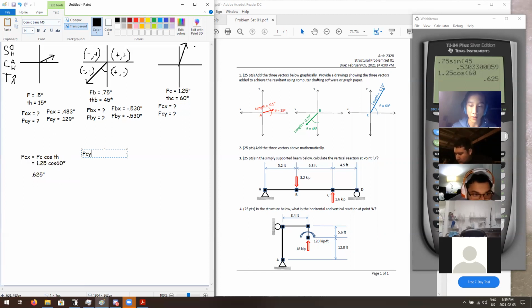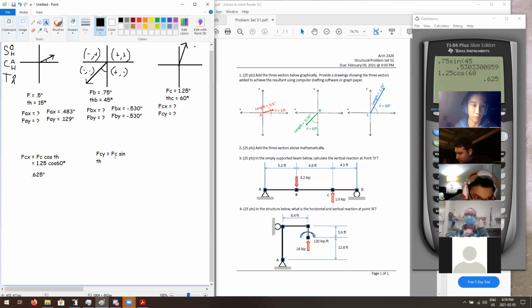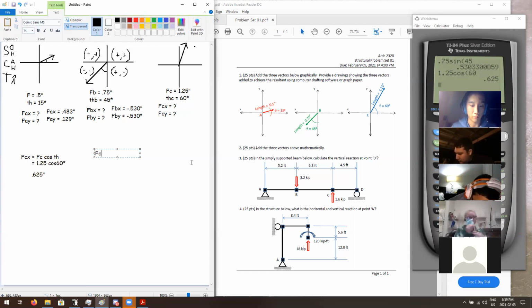Let's do the same thing for y. F sub cy is equal to fc sine of theta. So now it's going to be 1.25 sine of 60 degrees. Put that into our calculator.